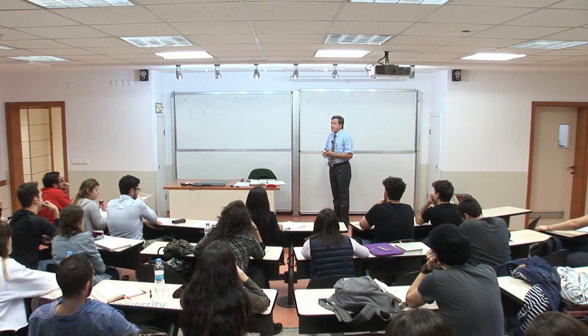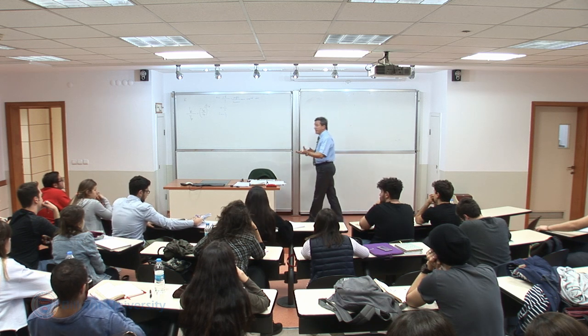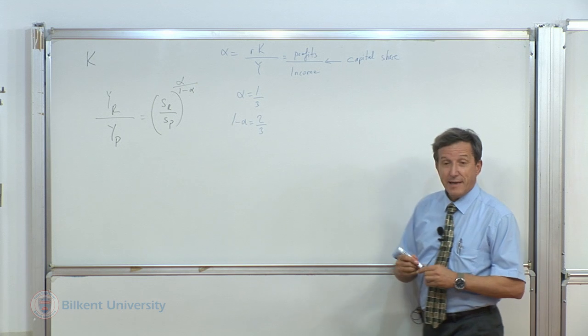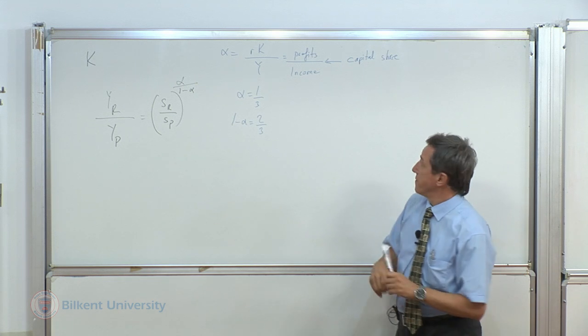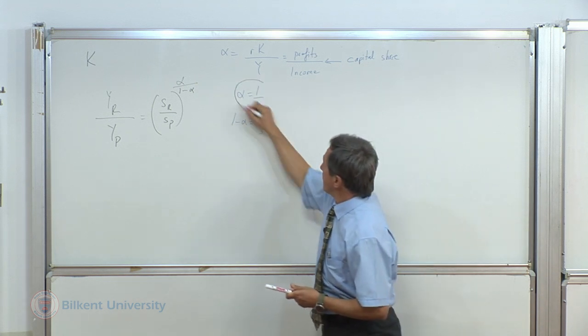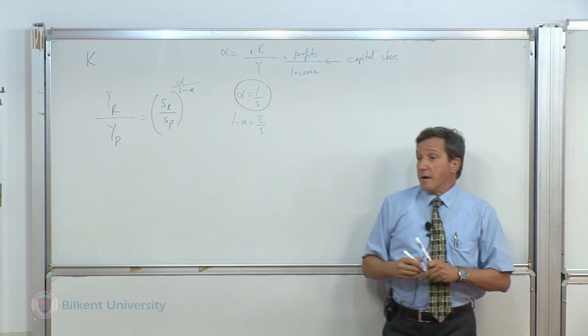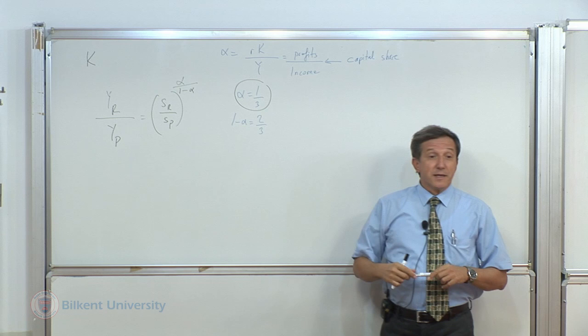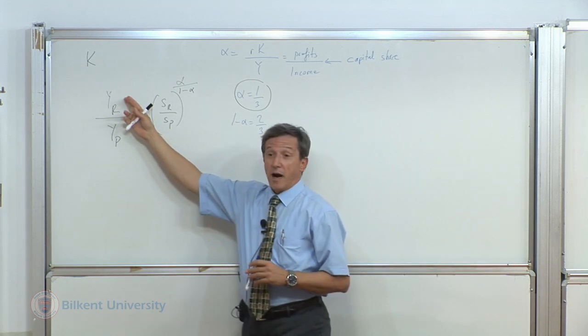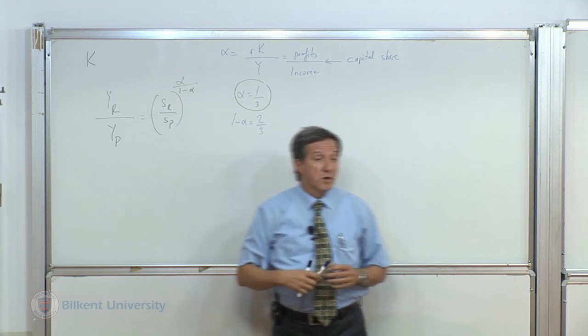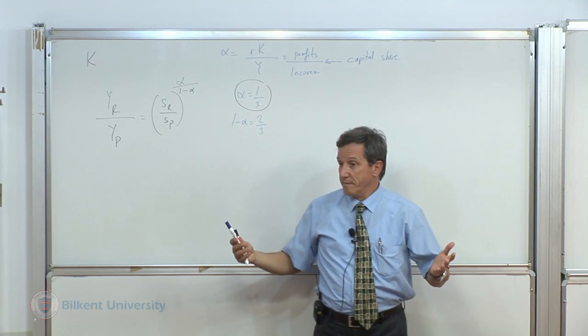But then we have come to the conclusion that if alpha is a small number, putting in the data, the difference between the average income of the rich versus the average income of the poor turns out to be very small.